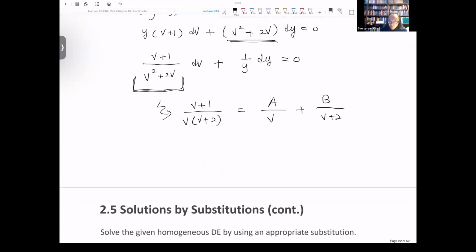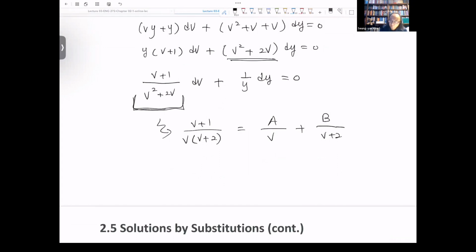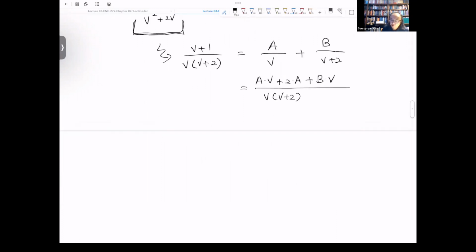As you learned from partial fractions, we multiply by the denominator, and then the numerator is a times (v plus 2) plus b times v. Now the numerator has to be equal to the original numerator. So when you compare numerators, v plus 1 equals (a plus b)v plus 2a.